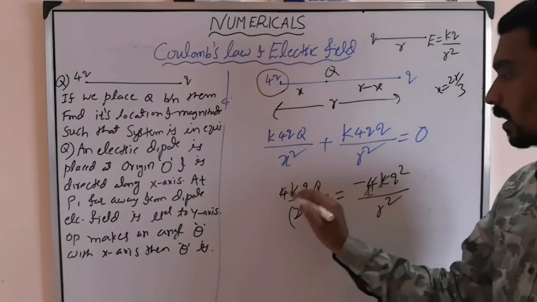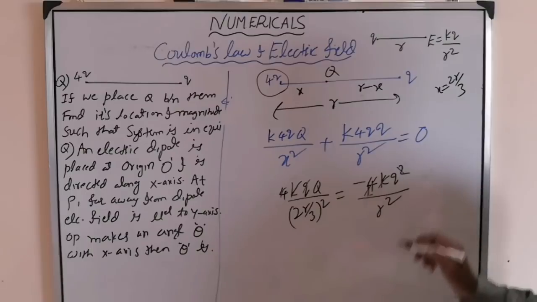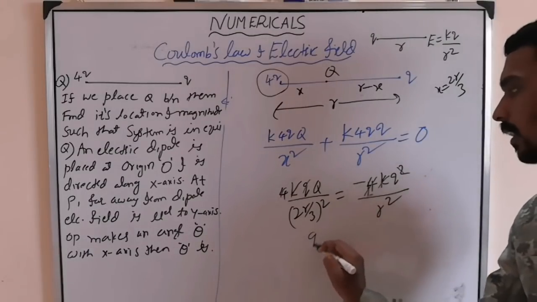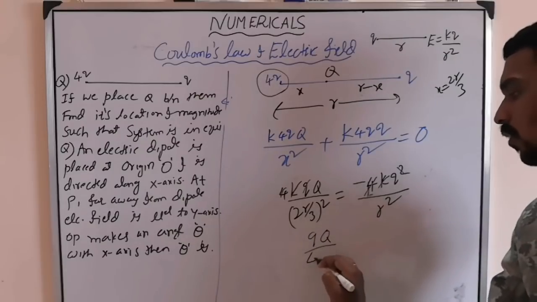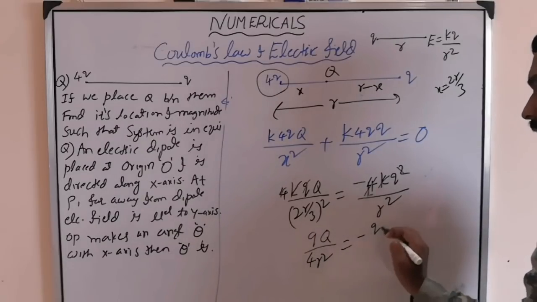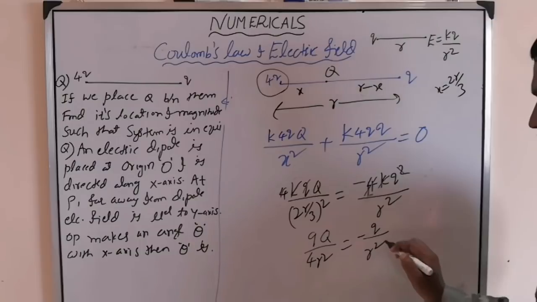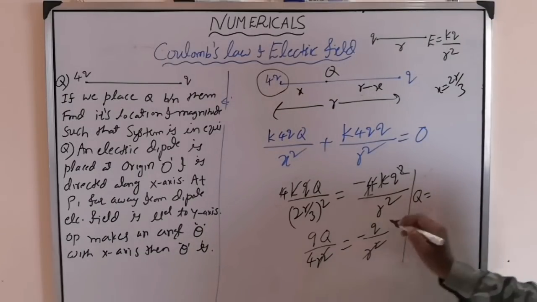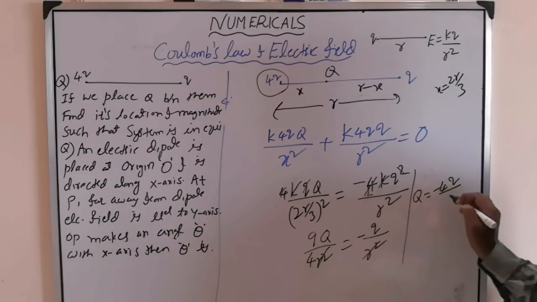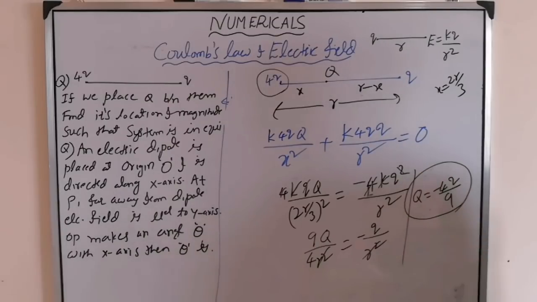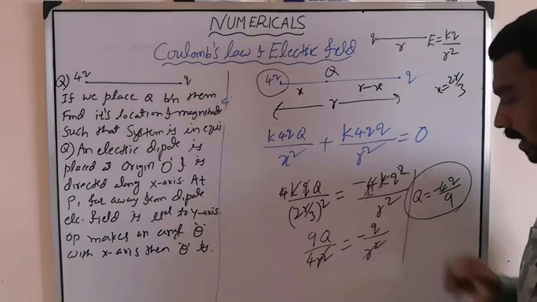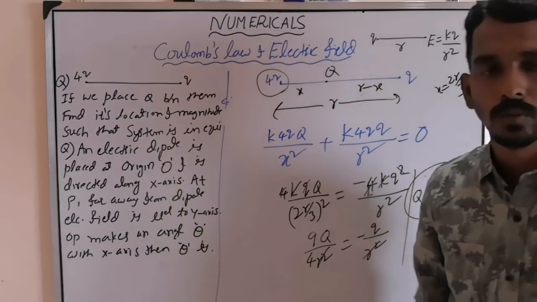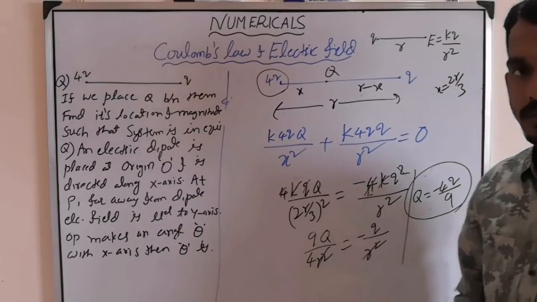So 4k cancels, q cancels. So here if you square it, 9 will go up. 9Q by 4r square equal to minus q by r square. R square gets cancelled. Then Q equal to, bring this side, minus 4q by 9. So this way you can find the third charge value, magnitude.